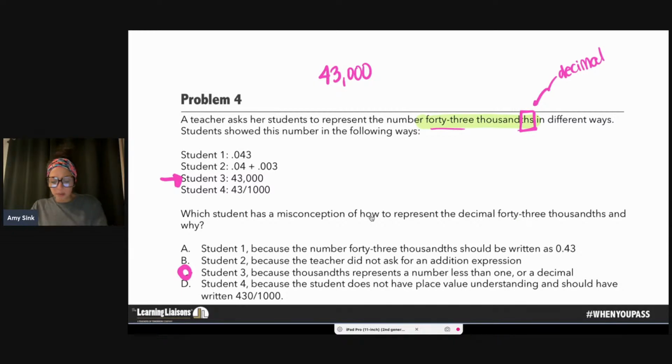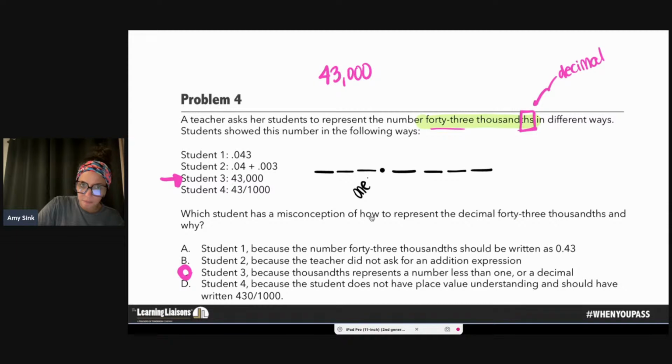So student number 1, because the number 43 thousandths should be written as 0.43. So if we talk about our place value, this is our ones place. This is our tens. This is our hundreds. This is our tenths. This is our hundredths.